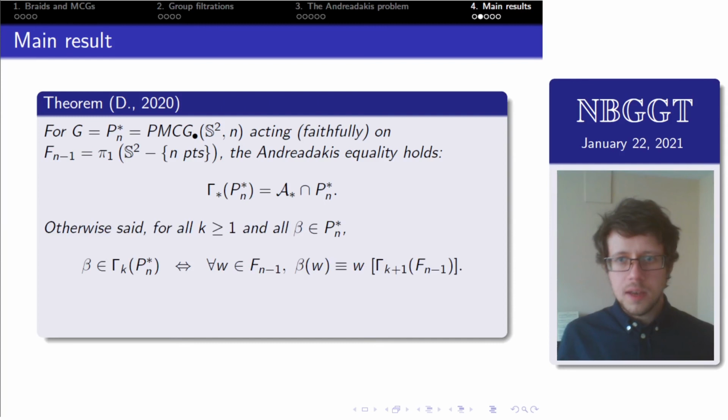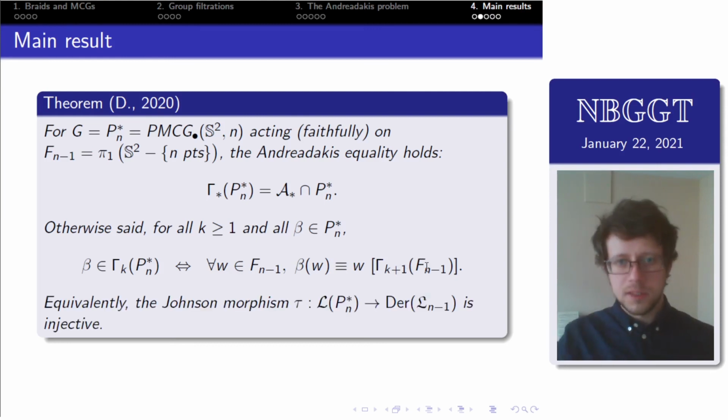Okay. So another way to say that is the way I said it at the beginning, which is if I have an element of my subgroup, it is in the kth term of the lower central series if and only if it is in AK, which means that it acts trivially on the free group modulo the k+1 term of the lower central series.